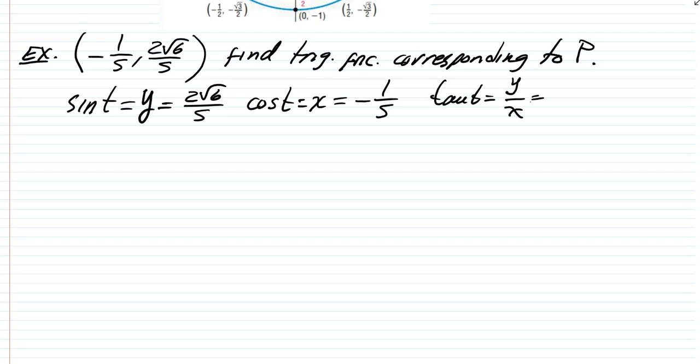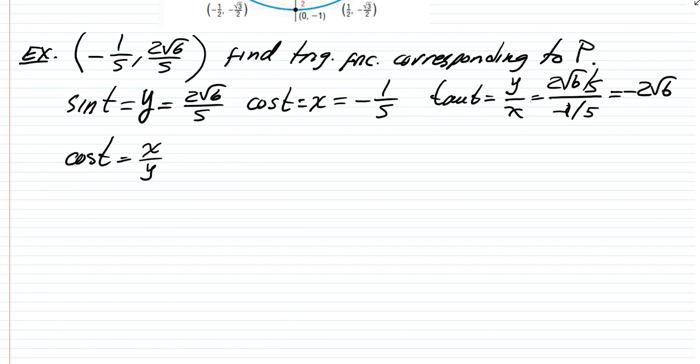It's going to be what? 2√6/5 divided by negative 1/5. So that's just negative 2√6. Okay. And might as well do cotangent. Cotangent is going to be x over y. And that's going to be negative 1/5 divided by 2√6/5.